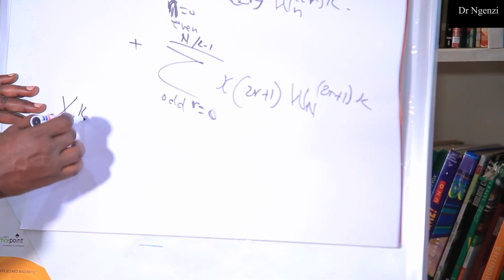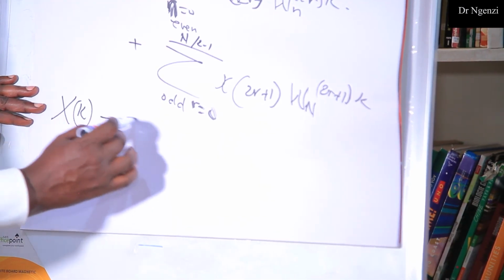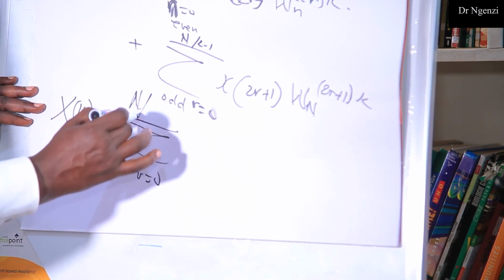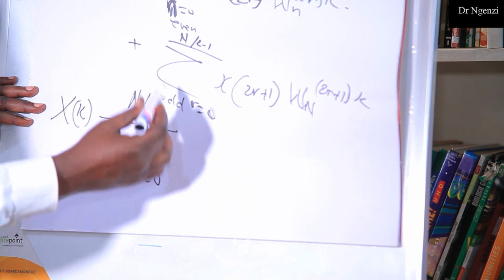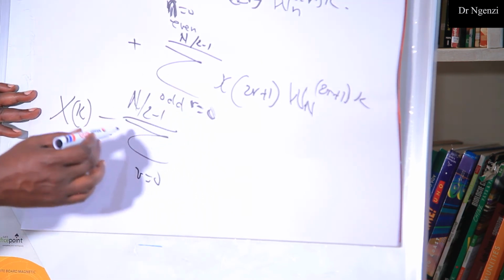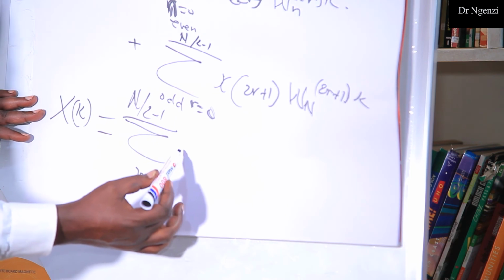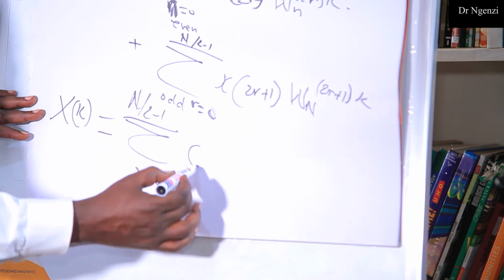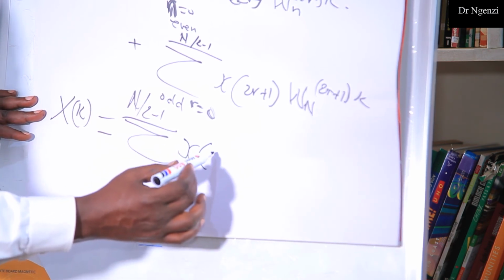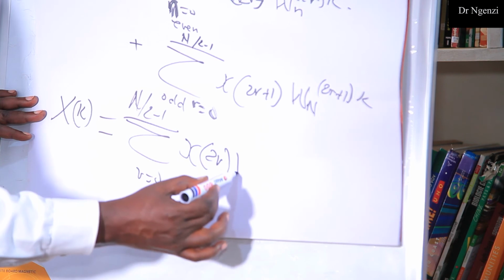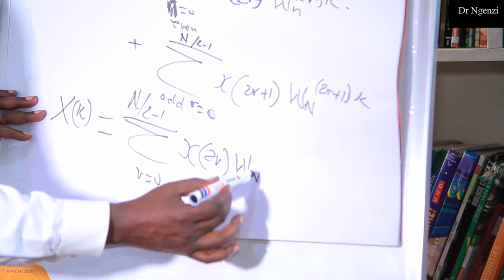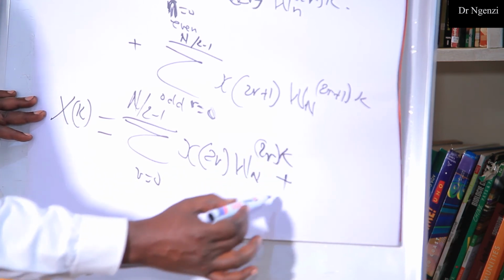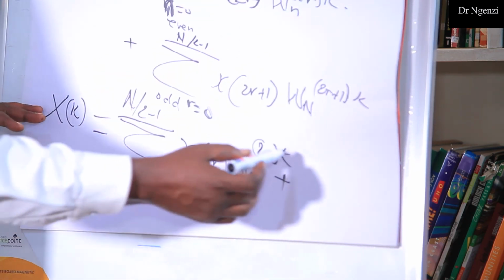In general, it's going to be X of k, which is equal to summation of r equals 0 to big N over 2 minus 1. Remember, it has been N minus 1, but we said small n is going to be 2r. So x of 2r times W big N to the power 2rk, plus what you have got, this value.